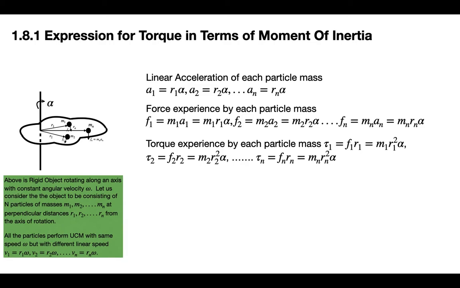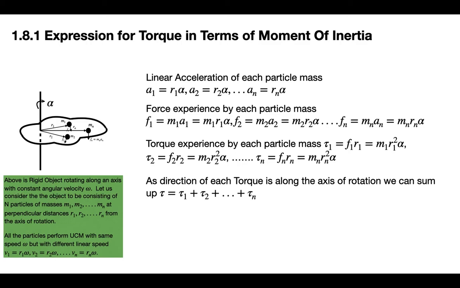And torque is nothing but the product of force into distance. So the torque exerted by each particle is force into distance. Particle 1 will experience a torque tau 1 equal to f1 r1, which is equal to m1 r1 square alpha. Tau 2 will be f2 r2, which is equal to m2 r2 square alpha, like that.